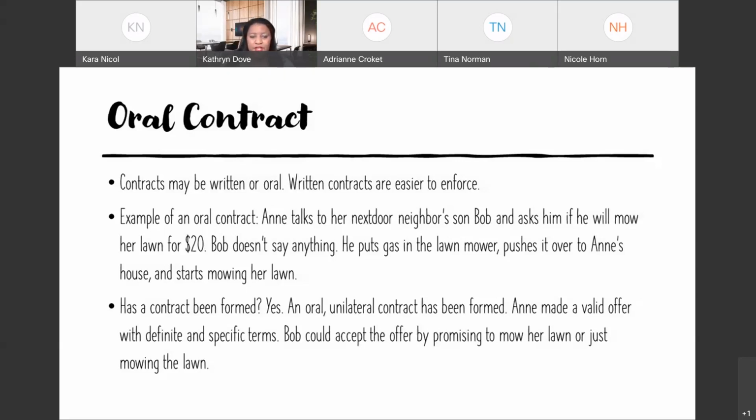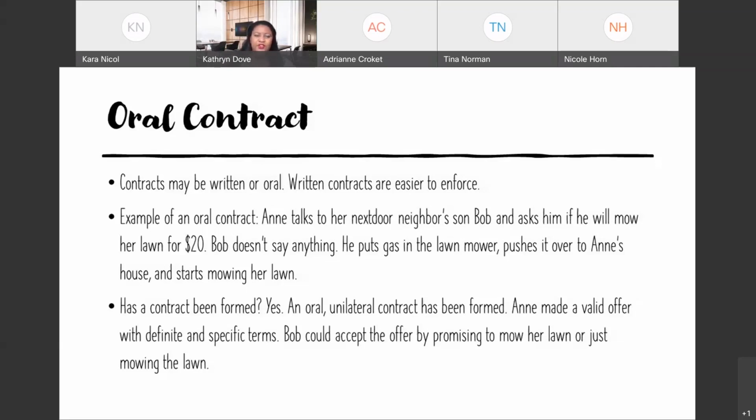That is accepting an offer by rendering performance. So that is a unilateral contract, one promise, and the other party immediately performs. A contract is formed and Anne made a valid offer with specific and definite terms. Bob could accept by promising to mow the lawn later or just mowing the lawn.